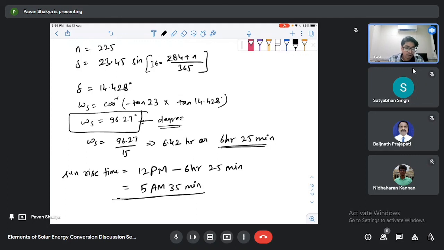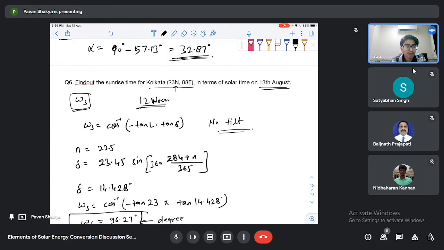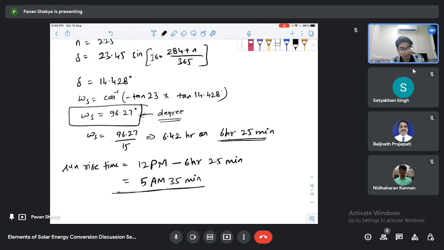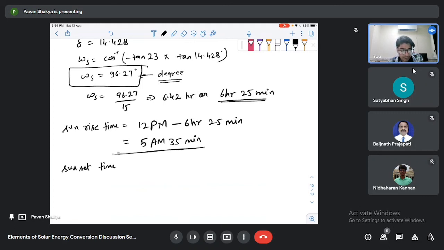So we have seen that for a particular location, Kolkata, on a particular day, the sun will rise at 5 a.m. and 35 minutes. Similarly, we can calculate the sunset time: 12 p.m. plus omega s, that is 6 hour and 25 minutes, comes out to be 6 p.m. and 25 minutes.